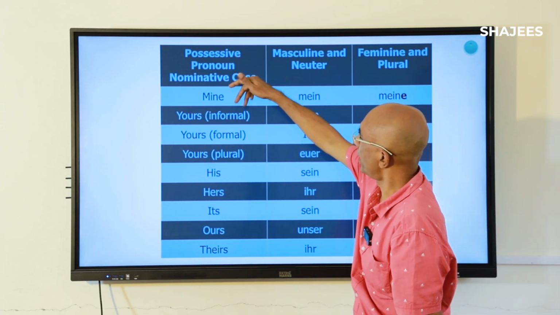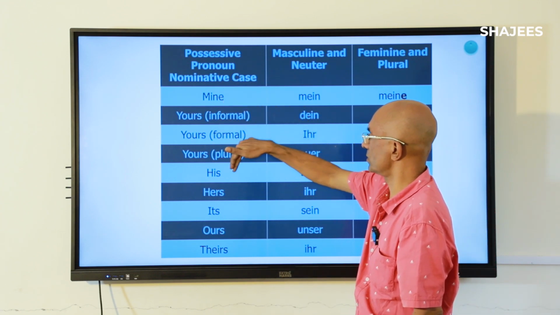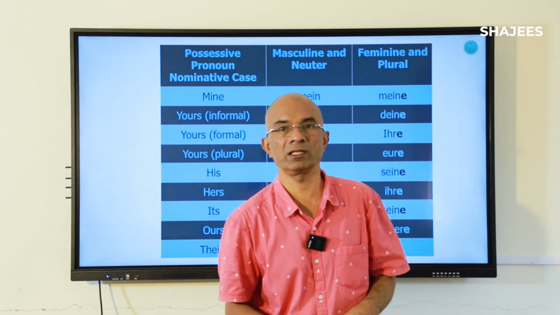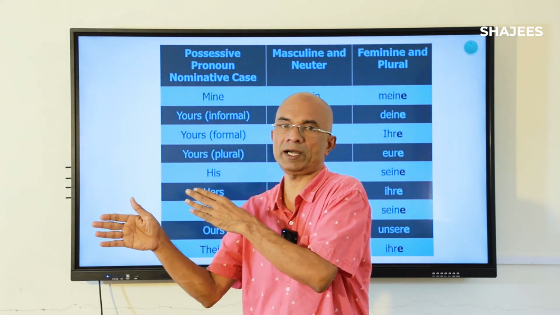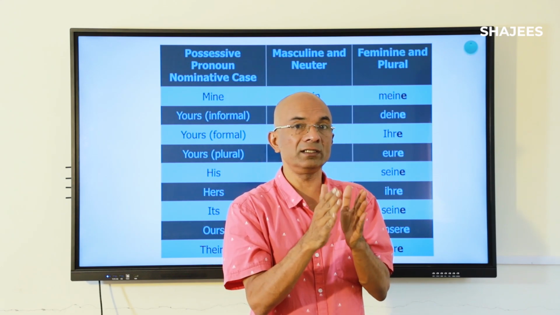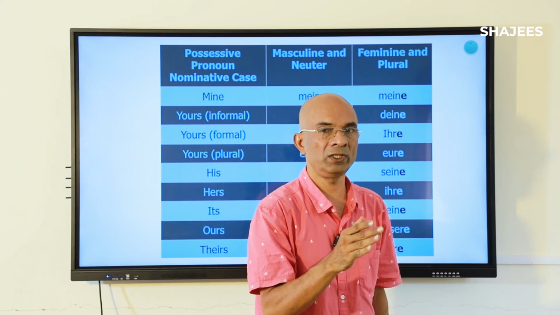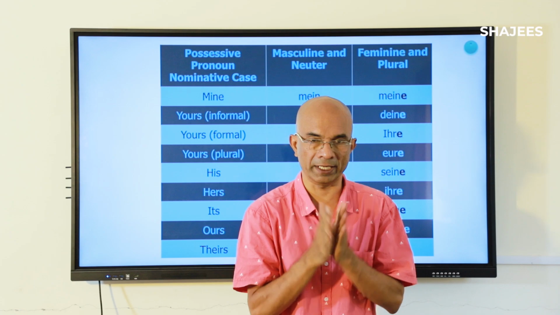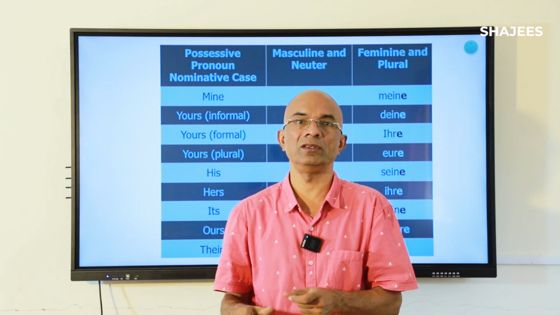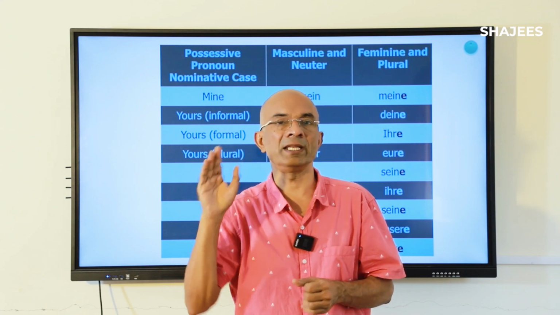So it is mine, yours, his, hers, its, ours, and theirs. So when we want to say something like my book, my pen, all these things you can say. If the article is masculine or neutral, we say mein. And if the article is die or plural, it is meine.